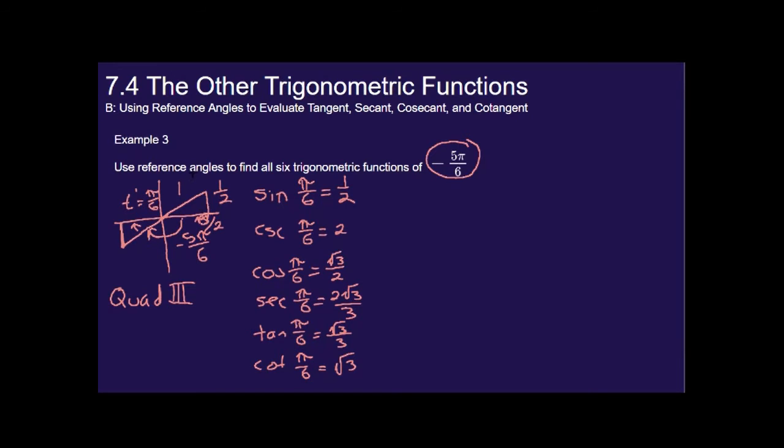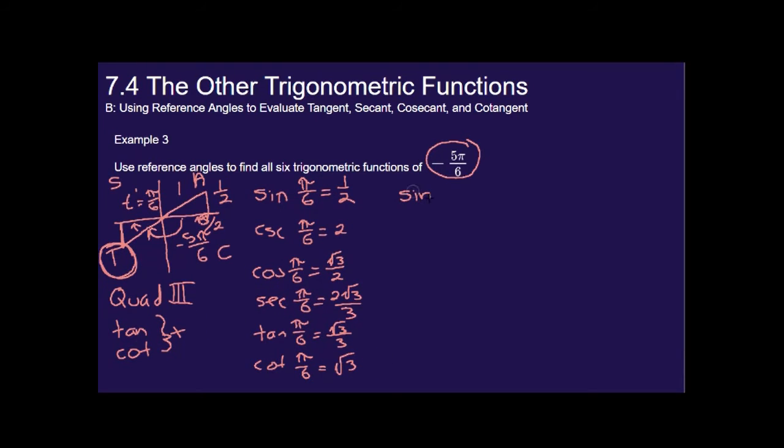Well, we know that a smart trig class. Therefore in this quadrant where our terminal angle is, tangent and its reciprocal, cotangent, are going to be positive and everything else is going to be negative. So now we can use the values we got for the reference angle and just add the appropriate signs.